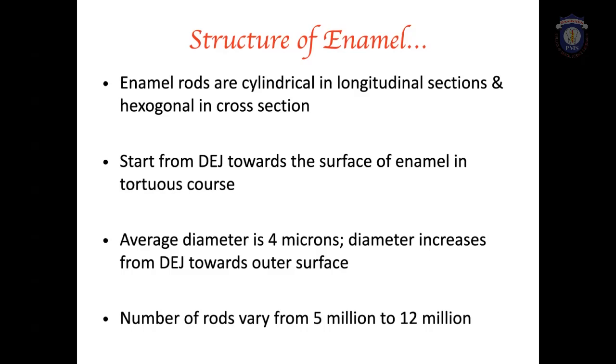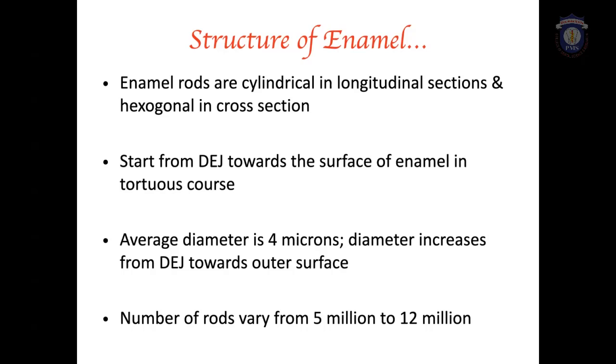Now, what makes it different? It depends on the different tooth. Say, for example, the lower lateral or central incisor will have the minimum number of enamel rods, whereas the first molars, the mandibular or maxillary first molars, are supposed to have the maximum number, because as the size of the tooth increases, the number of rods also increases.